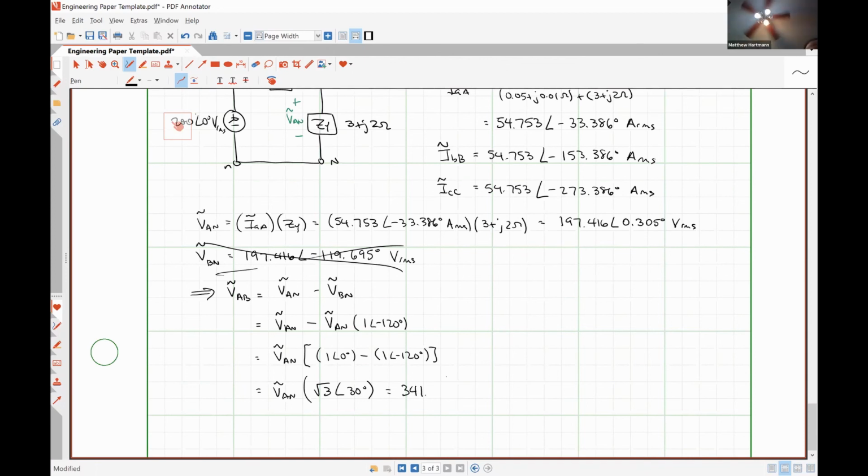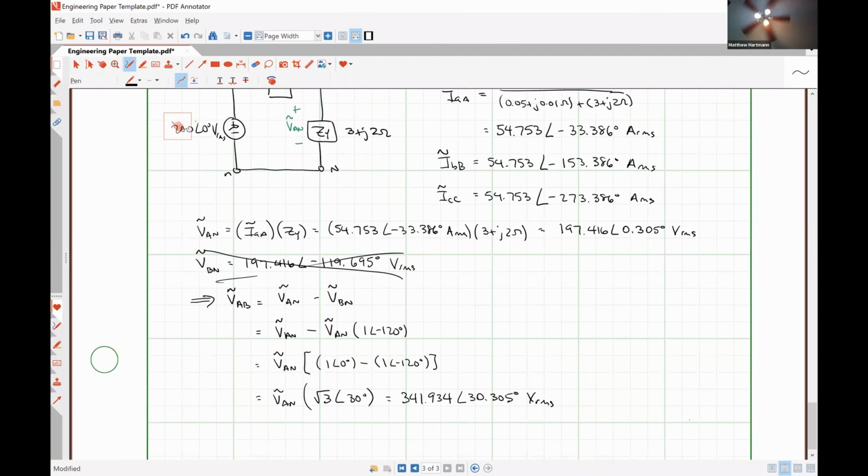We get 341.934 angle 30.305 degrees volts RMS. And then we could shift this by negative 120 to get VBC, and by another negative 120 degrees to get VCA.